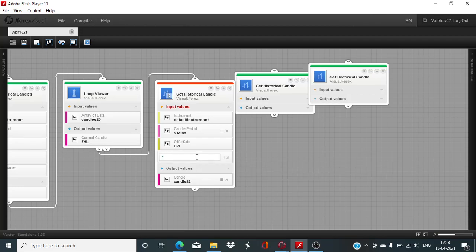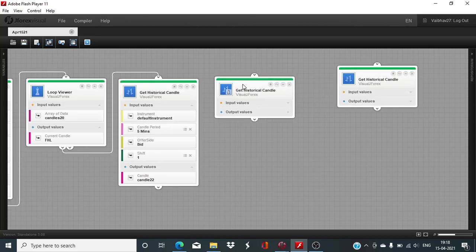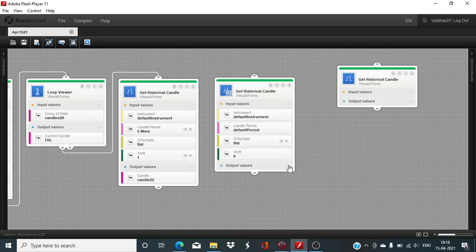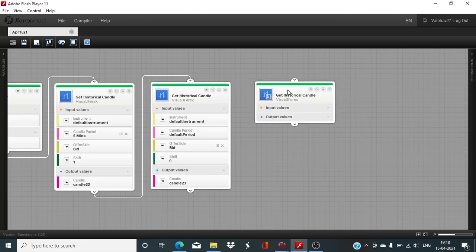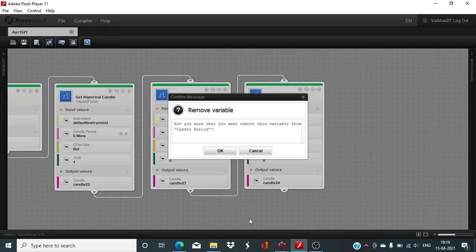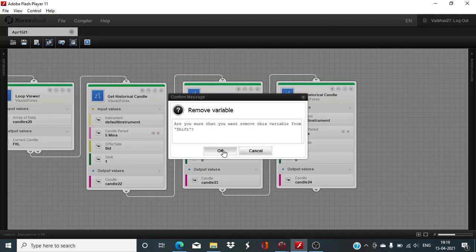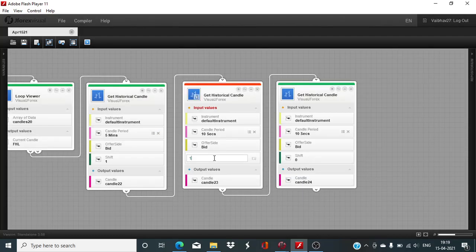Shift 1. And here these two will be of 10 seconds each. Look back period of 1 and 2 respectively.